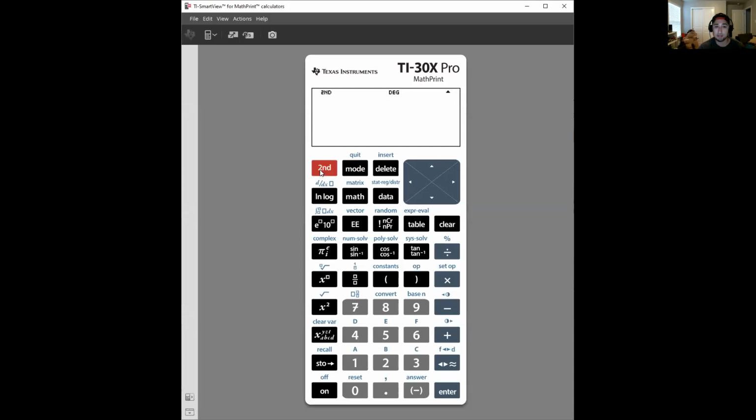I'll press second, inverse cosine, fraction, negative parentheses 2 squared plus parentheses 3 squared plus parentheses 2.65 squared over 2 parentheses 3 parentheses 2.65, and close the whole parentheses.